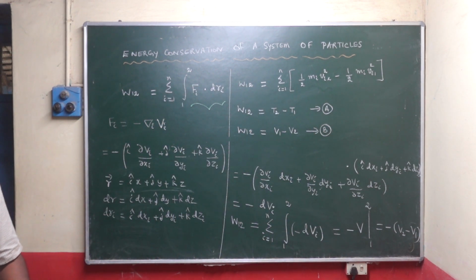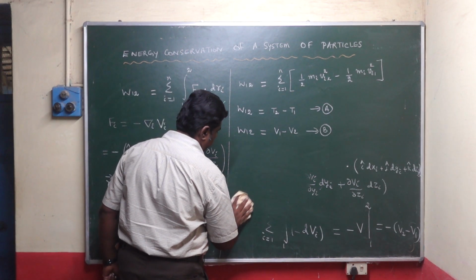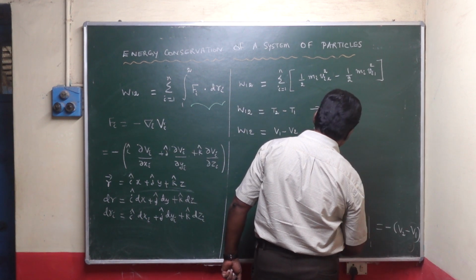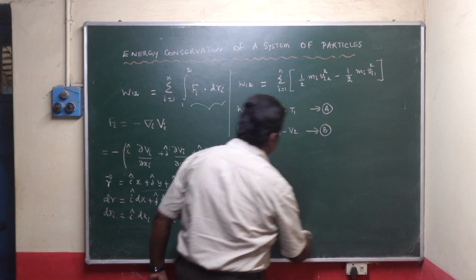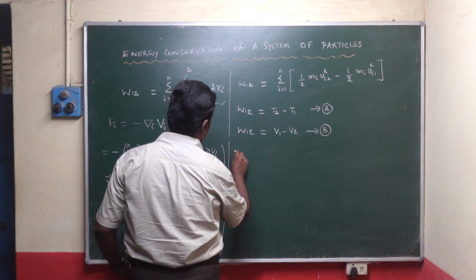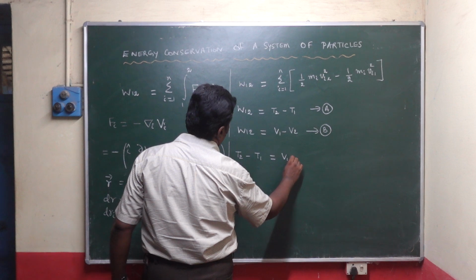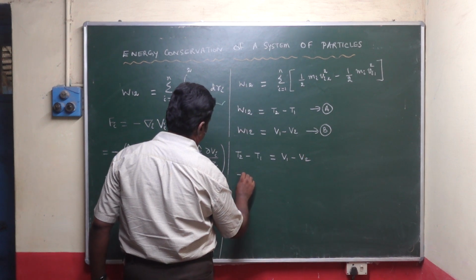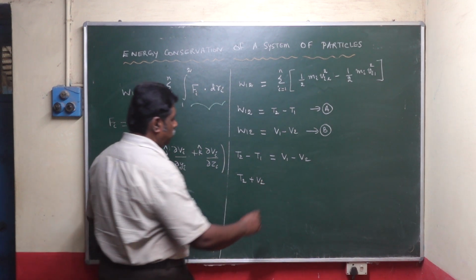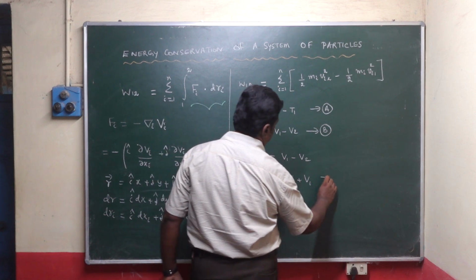Now we may go to the conclusion part. From equations A and B, it is obvious that T2 minus T1 = V1 minus V2. Then we can write T2 plus V2 = T1 plus V1 = constant.